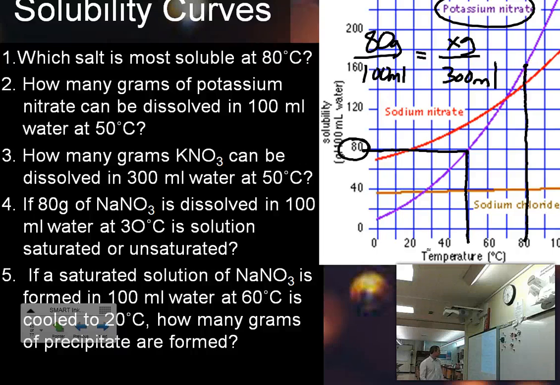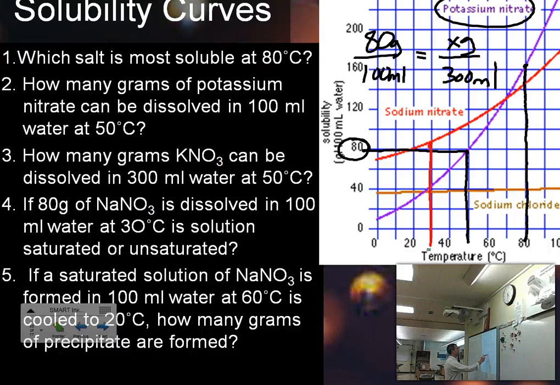Question number 4, if 80 grams of sodium nitrate is dissolved in 100 mils of water at 30 degrees, is the solution saturated or unsaturated? So thinking about those vocabulary terms, remember saturated means it's at the max, unsaturated means we're below the max. So I simply need to go to 30 degrees and then find sodium nitrate. So here's 30 degrees, sodium nitrate is this line right here, okay?